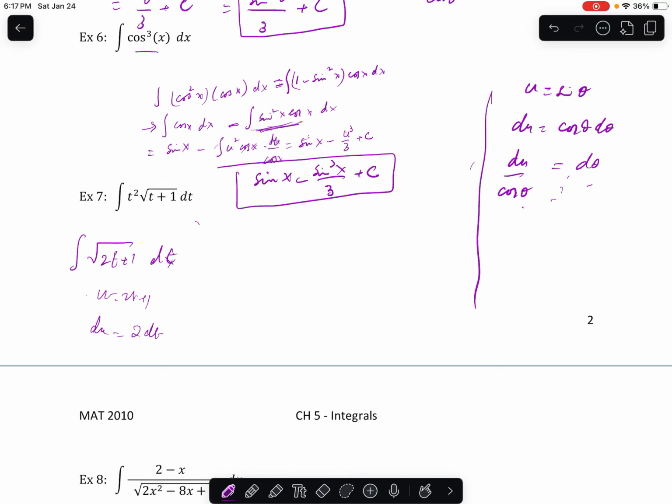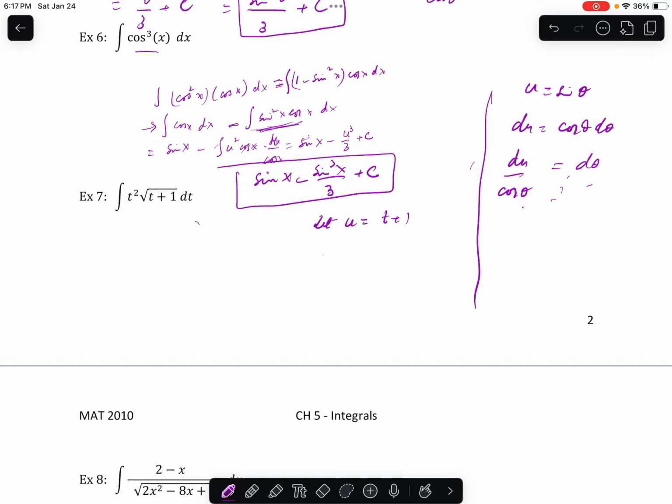But here, although there is a t squared outside, the only way I can pick my u is to pick the radicand, the expression which is under the radical sign. Under the square root sign in this case, we have to take that as our u. So we say let u equal t plus 1.